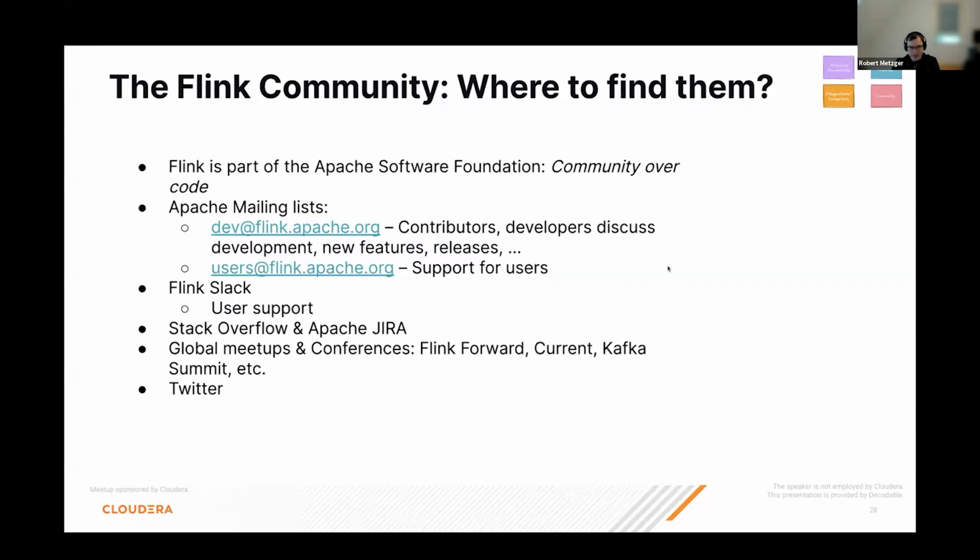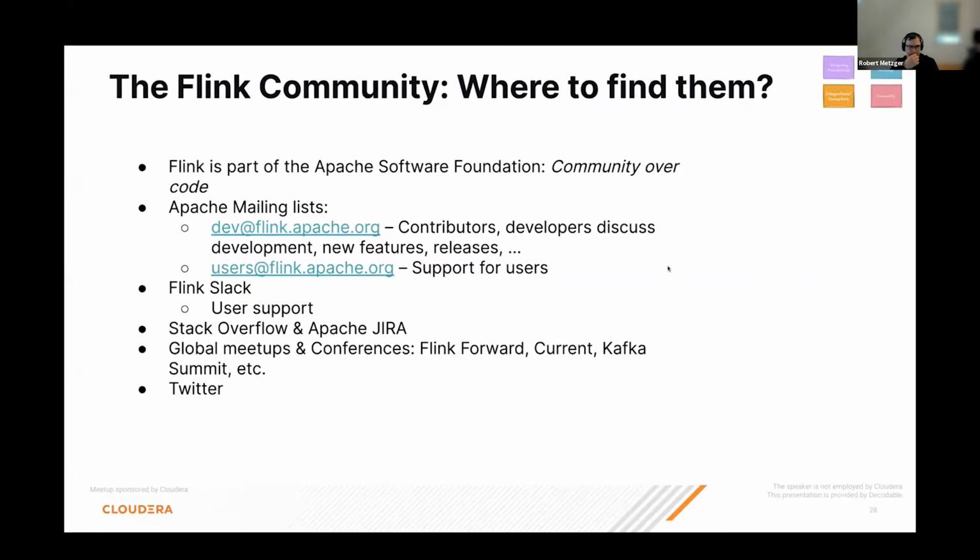There's also a user mailing list where people can ask questions and the developers will answer them. There's another mailing list called the private mailing list that is for the project management committee of Flink to discuss matters like adding committers or adding PMC members or reporting to the Apache Software Foundation board.